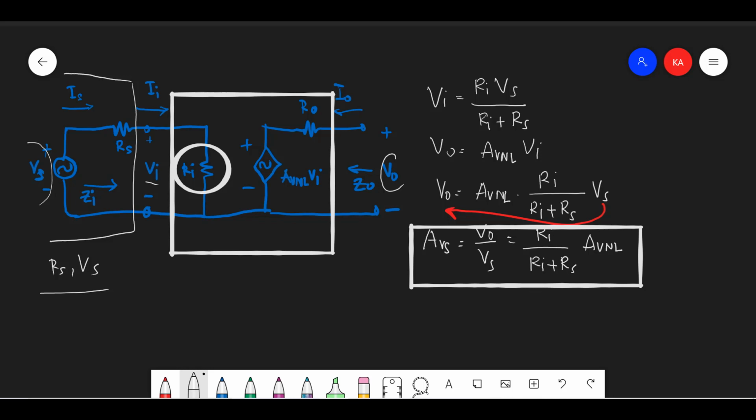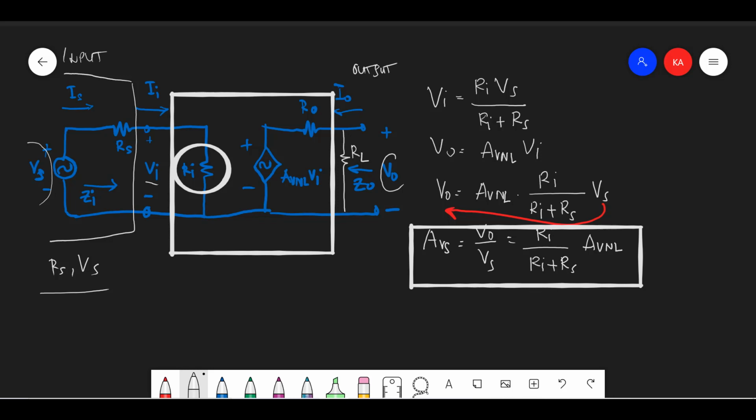Now, how about if we connect the output port to the load? We connect the load RL like before. So now we have the load resistor at the output and the source resistor at the input. This is the output side and this is the input side.